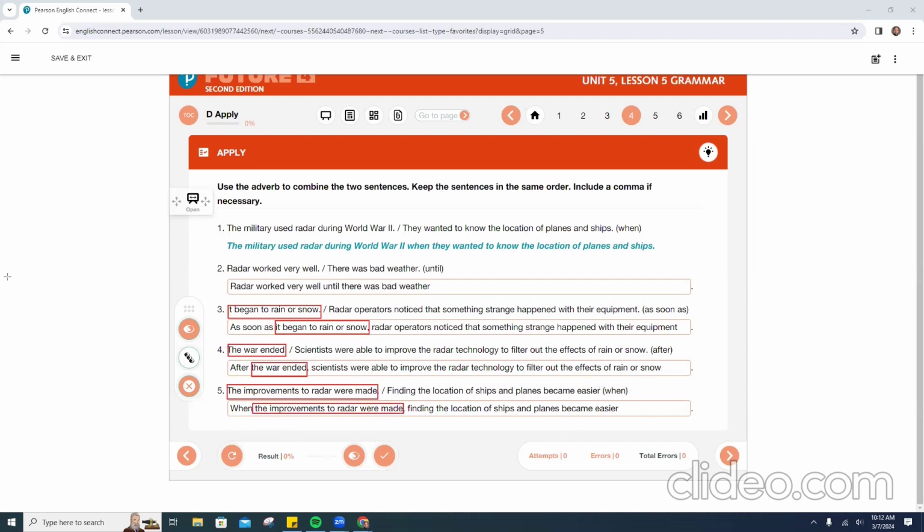And it seems that we're adding the adverb of time at the beginning, which kind of didn't make sense because it says here, keep the same order, include a comma if necessary. It didn't say to use the adverb first, but okay. We got that part.